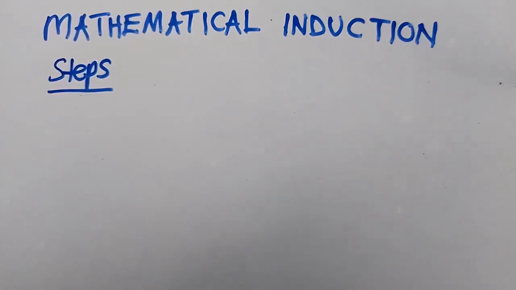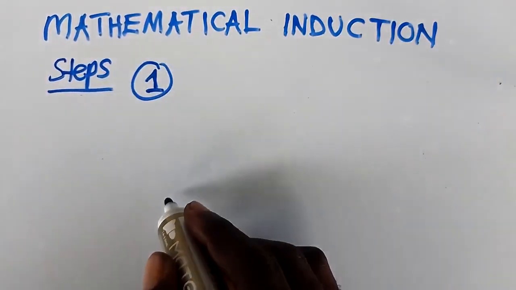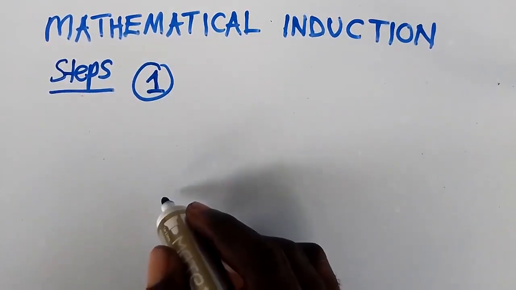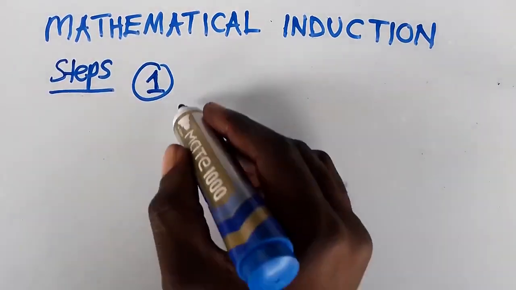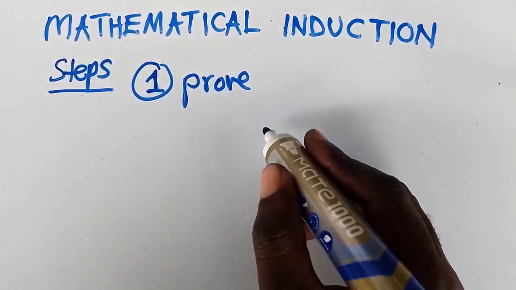Anytime you're given a question under mathematical induction, these are steps that you need to follow. The first step is that you prove that the statement is true.